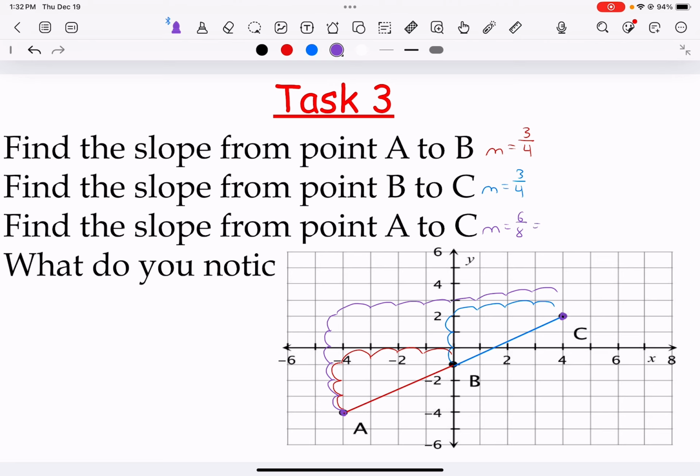And since slope is a fraction, you always want to reduce it. So it reduces to 3/4. I notice all my slopes are the same. And it makes sense that my slopes would be the same because they all fall on the same straight line. So even though the distance from A to B is shorter than the distance from A to C, the steepness is the same for each of those intervals.